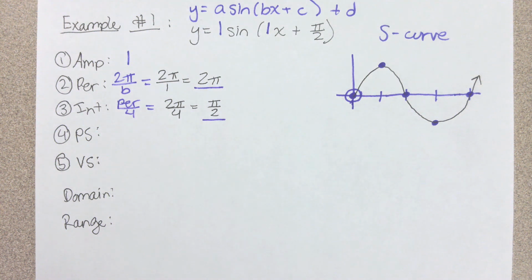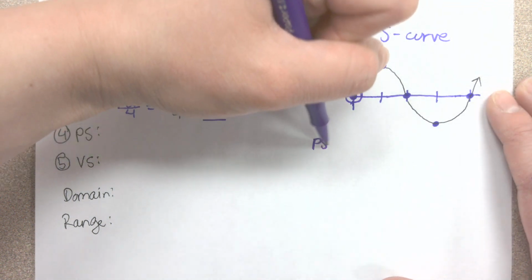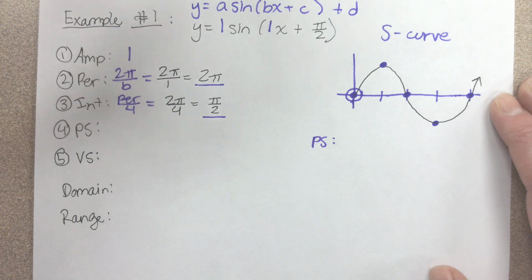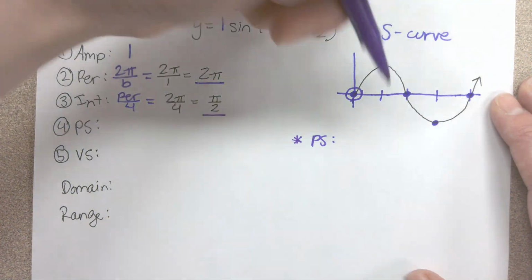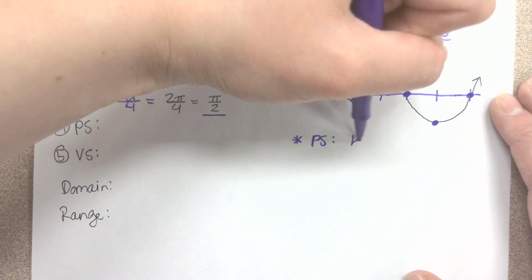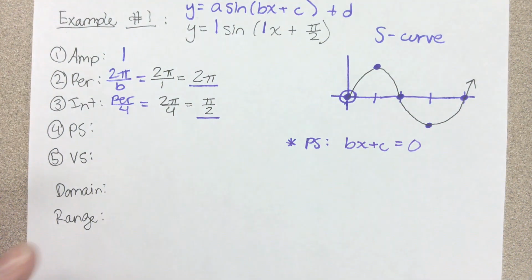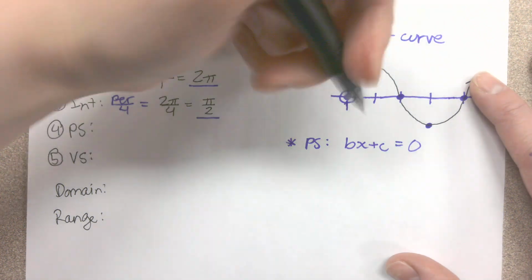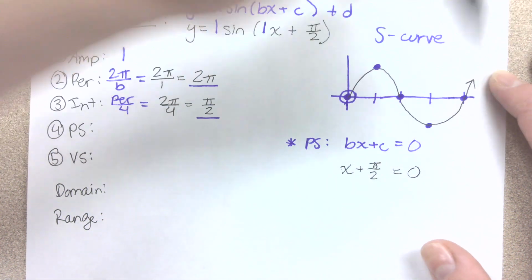Phase shift. We will have one. We have more stuff in those parentheses. I'm going to do that work on the side here. So again, I explained a moment ago that phase shift is taking bx plus c and setting it equal to 0. So whatever's inside of those parentheses, essentially. That will give us x plus pi over 2 equals 0.